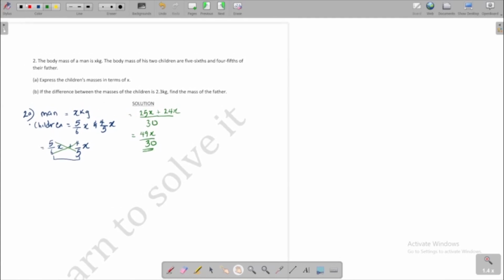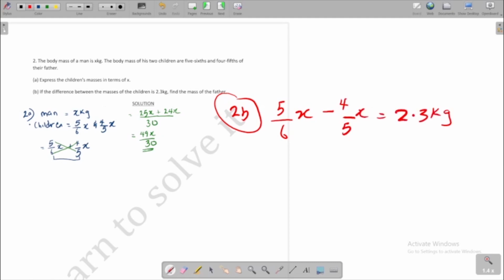To solve that, 2b, we have 5/6 x minus, because if we subtract them, we have 2.3, so 4/5 x is equal to 2.3 kg.